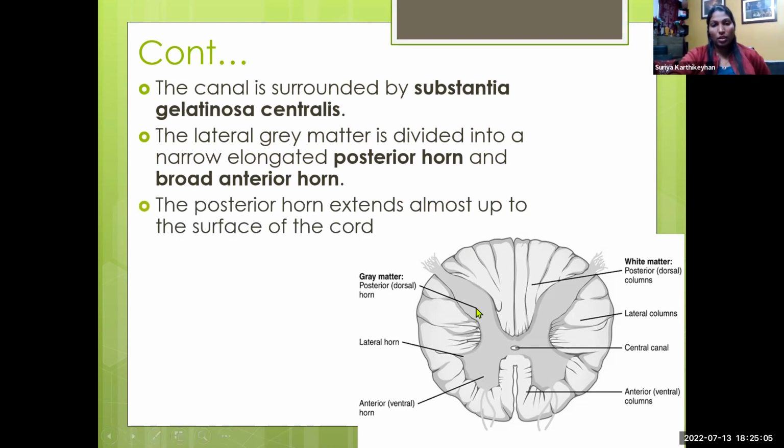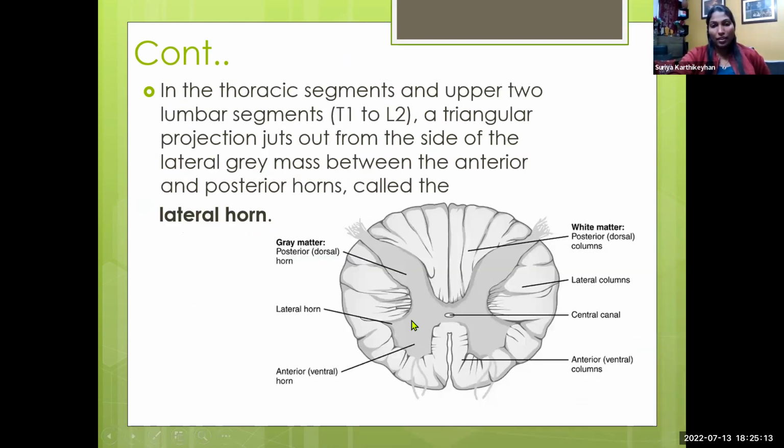The posterior horn extends almost up to the surface of the cord, whereas the anterior horn falls short of it. So in thoracic segments and the upper two lumbar segments, there is a triangular projection laterally, called the lateral horn. So this is the anterior horn, lateral horn, and posterior horn. This is the spinal segment at thoracic level.